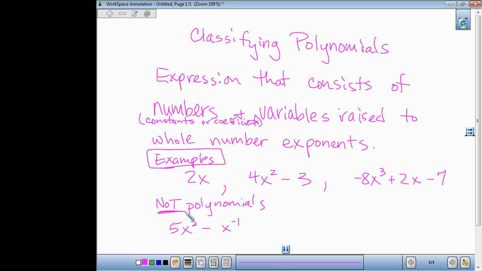That is not a polynomial. And just like a negative exponent, we can't have division by a variable because this negative exponent actually means division. So we couldn't have something like 2 over x squared. That is not a polynomial.